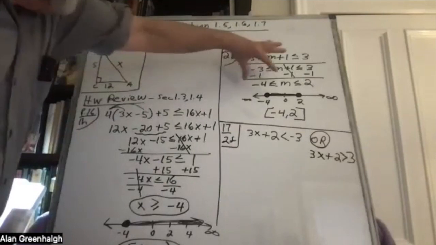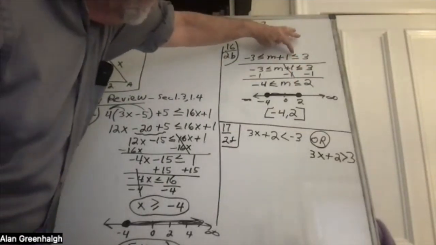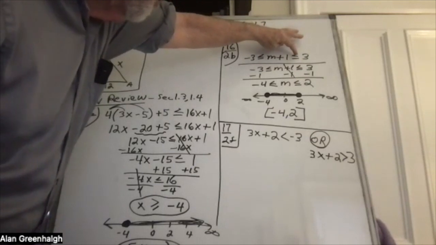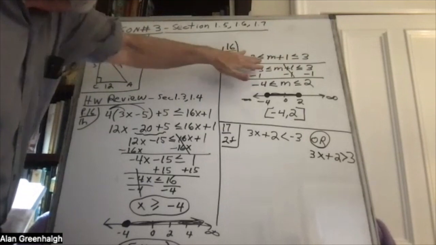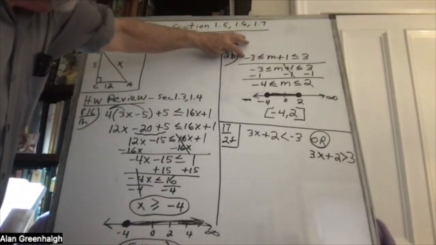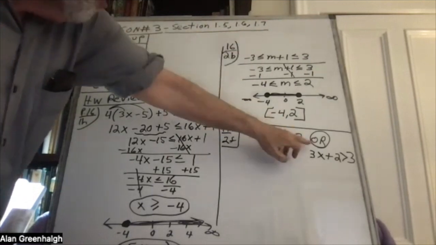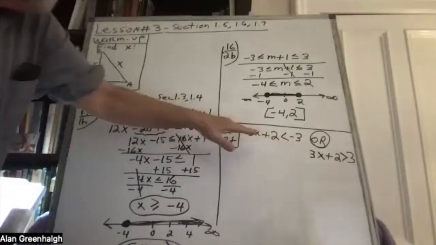So this was an and situation. M plus 1 is less than or equal to 3, and at the same time, as you can see, greater than or equal to -3. This is an or. Either this could happen or that could happen.